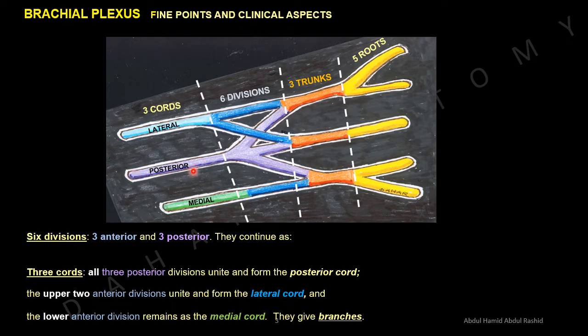Out of 3 anterior divisions, upper 2 anterior divisions, these 2 blue color, join to form lateral cord. The lowest anterior division remains alone and continues as medial cord. So 3 cords are formed: lateral, posterior and medial.